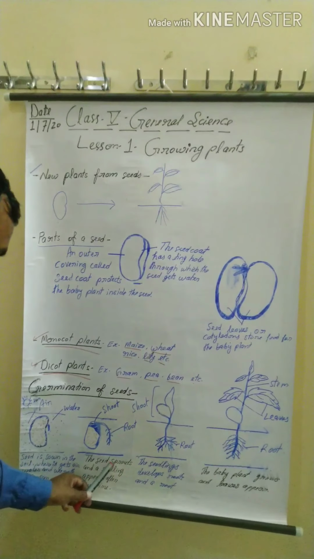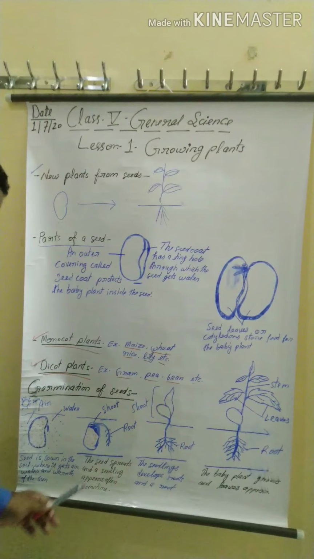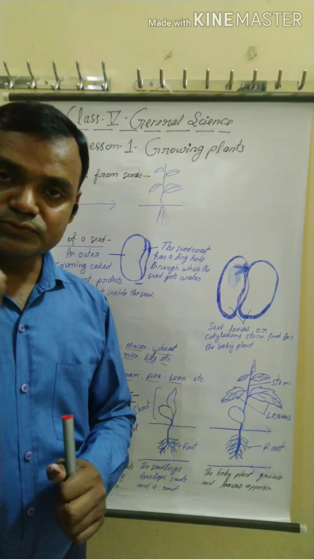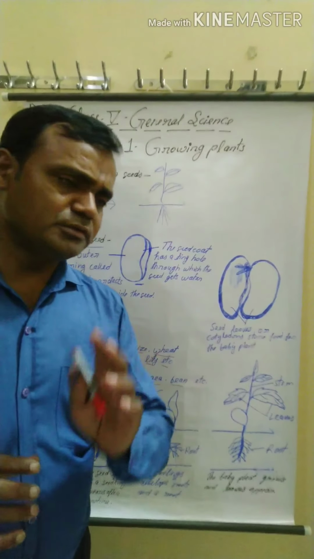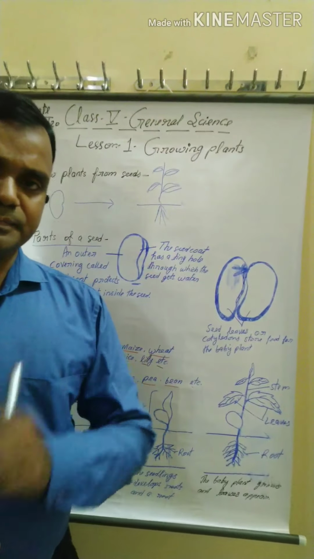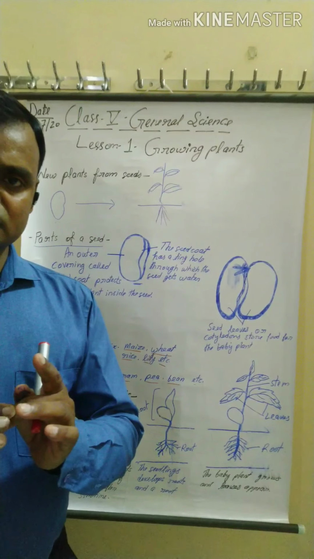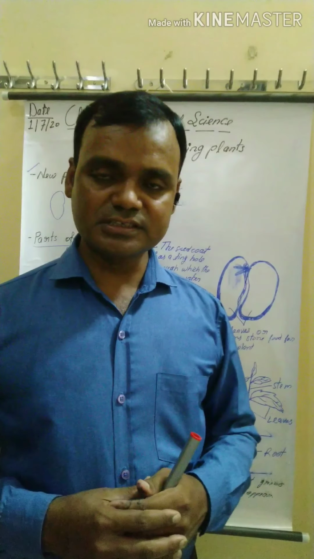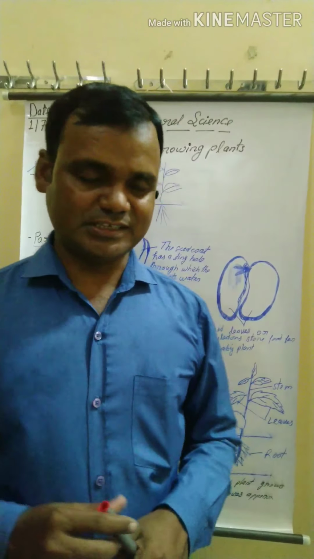The seed sprouts and the seedling appears after some time. Plants have two types of parts: the root system below the ground and the shoot system above the ground.